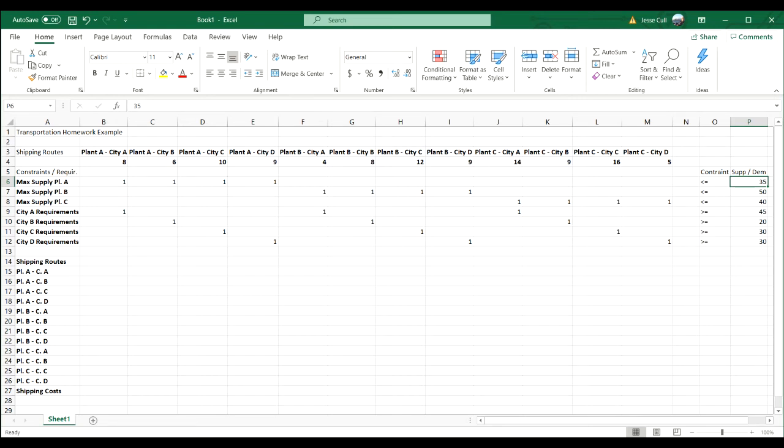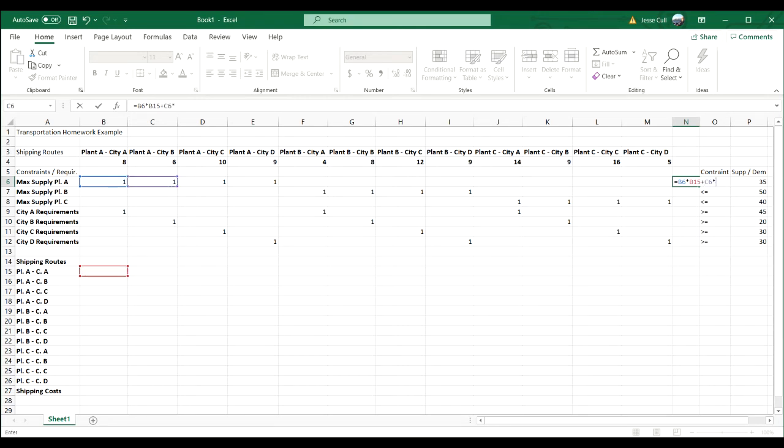So what we do now is, as before, we're going to enter our usage formula. So the usage is this, which is the shipments from plant A, the cost of plant A to plant B, times the number, plus the cost times the number, plus the cost times the number, plus the cost times the number.